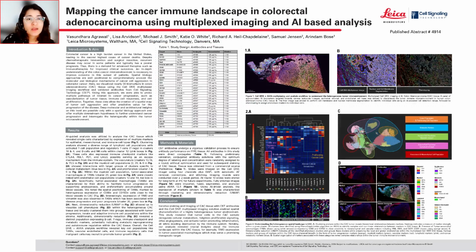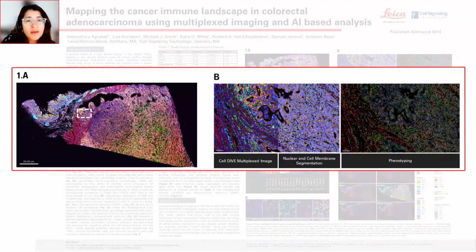and stitching. Now, moving on to Figure 1, the fully stitched Cell DIVE multiplexed images shown in Figure 1A were then imported and analyzed using Aivia.